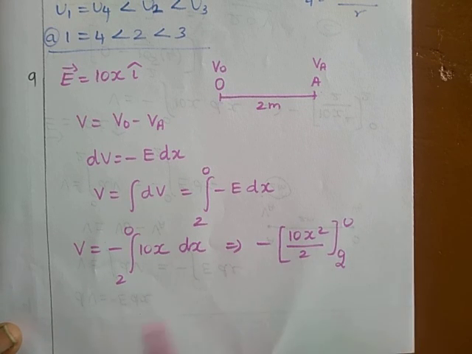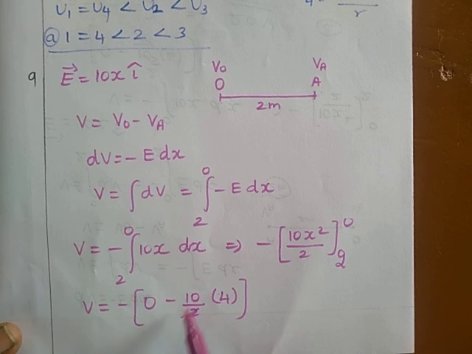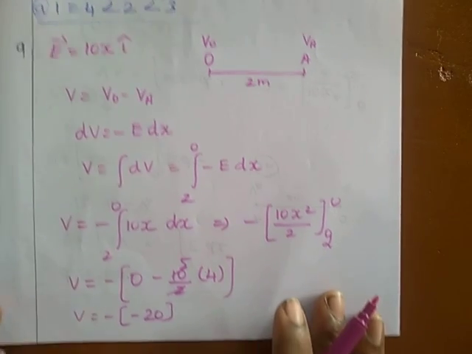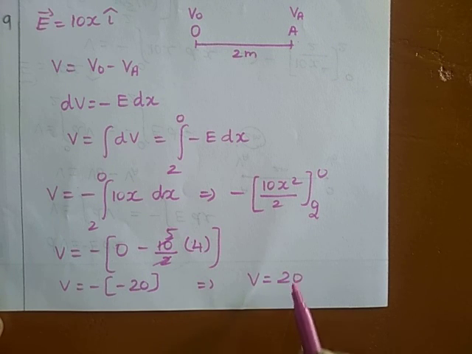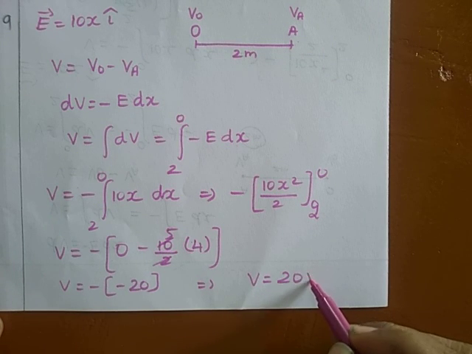Apply the limit, we get V is equal to minus, 0 minus 10 by 2, squaring the 2 we get 4. 5 4s are 20, V is equal to minus of minus 20. Minus and minus give plus, then V is equal to 20. The unit of potential difference is volt.